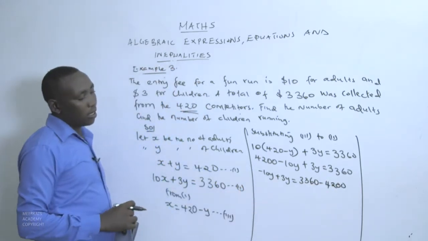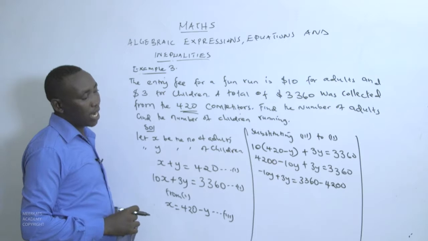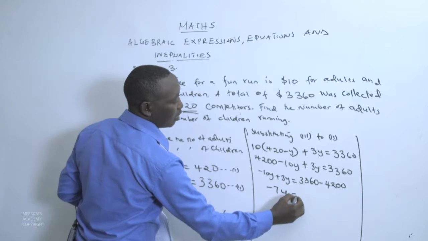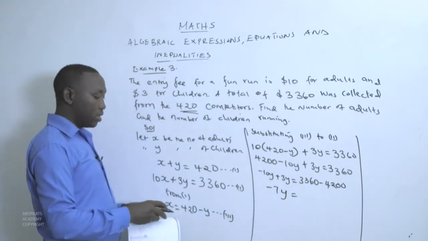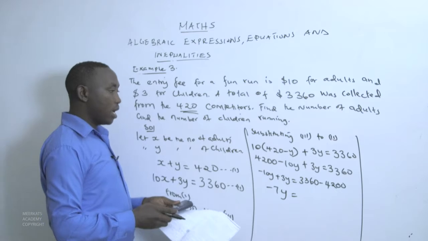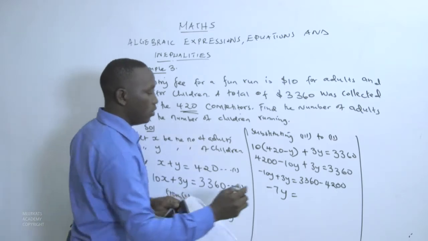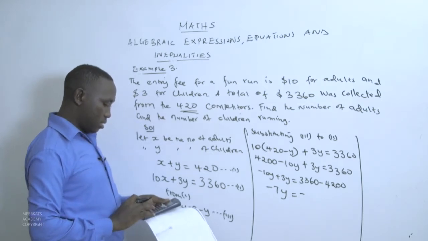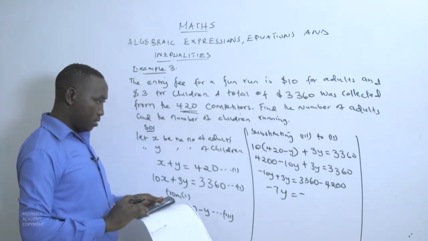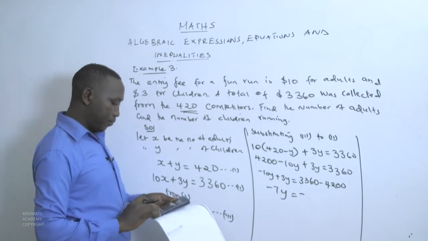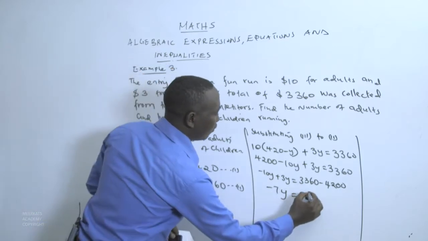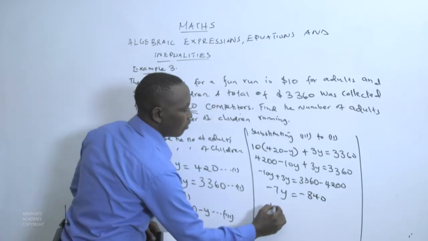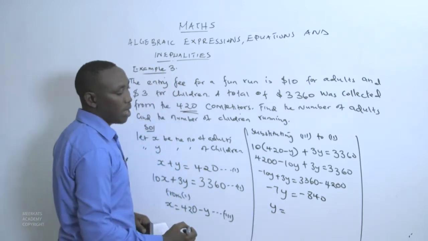When you take minus 10y plus 3y, you'll get negative 7y, which is equivalent to 3,360 less 4,200. You'll get negative 840.